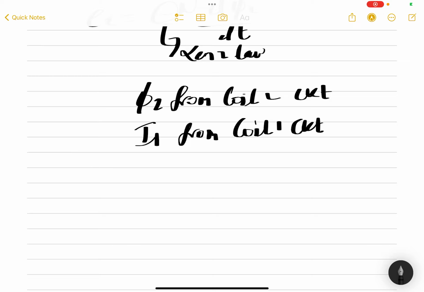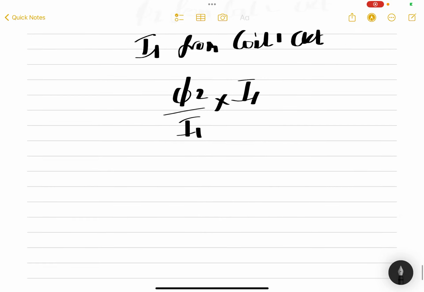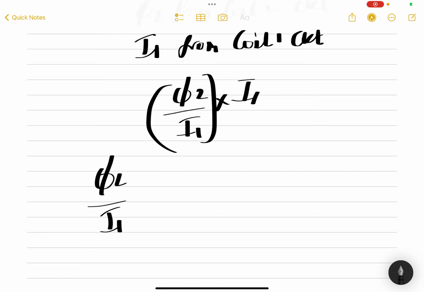So we can write phi 2 upon I1 into I1. Since I1 cancels out, there is no differential relation between them. Here we can see phi 2 upon I1 will be constant, because they are both interlinked. If you don't disturb I1, automatically your phi 2 will be constant, right?